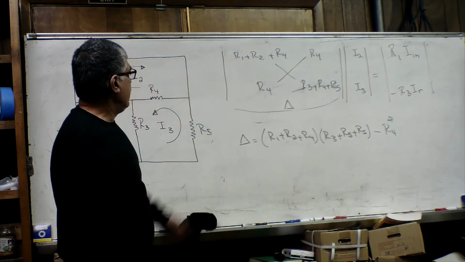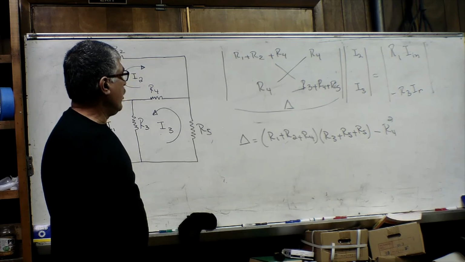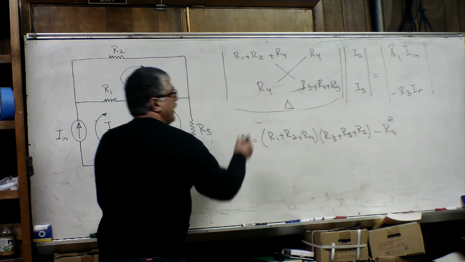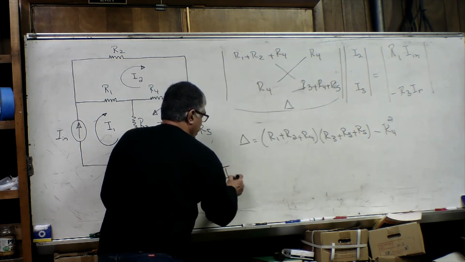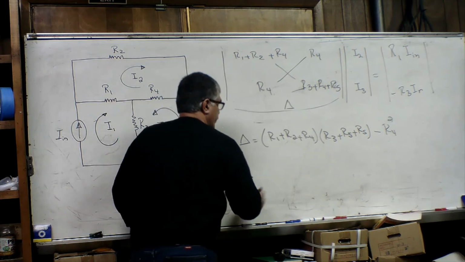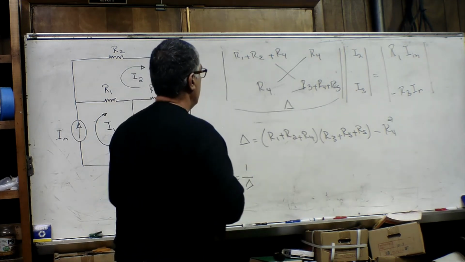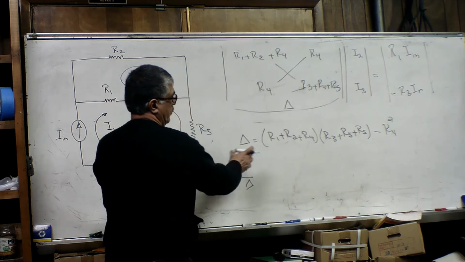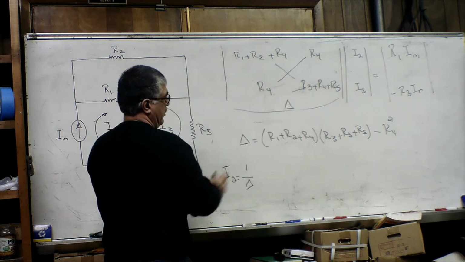So this is the value for our delta. So now we can solve for I2. I2 will be equal to 1 over delta.